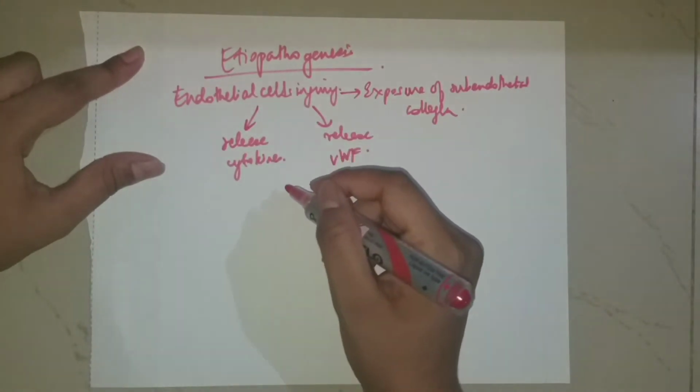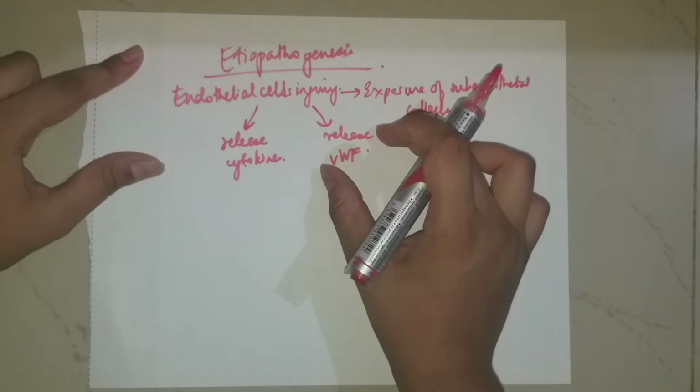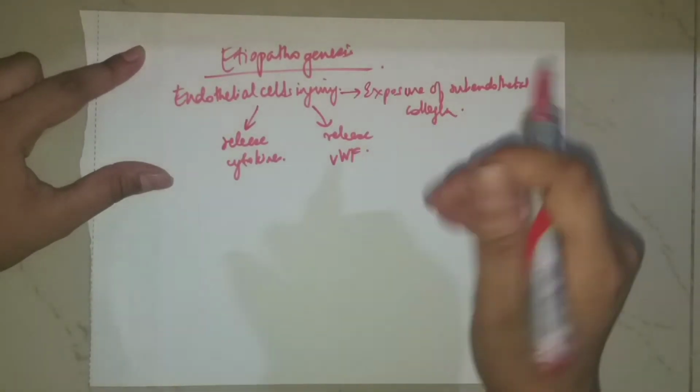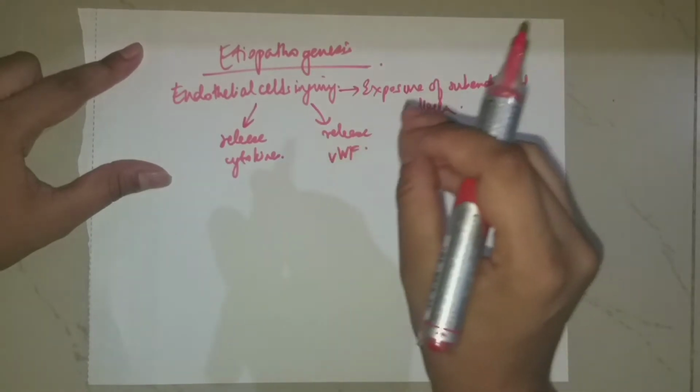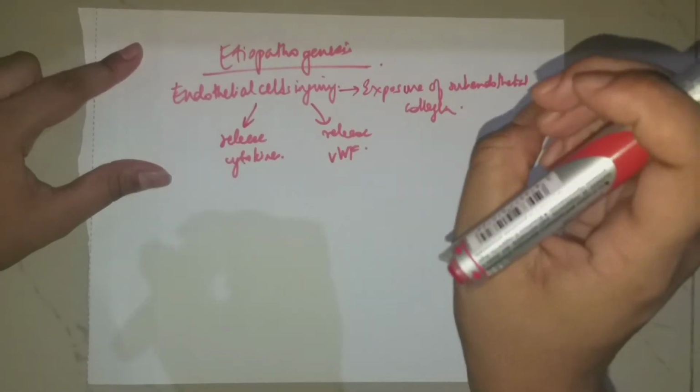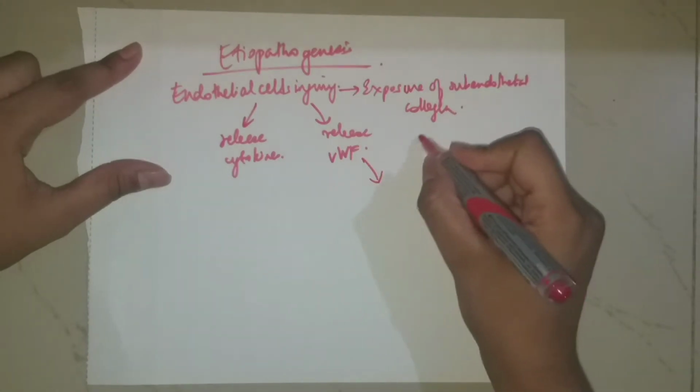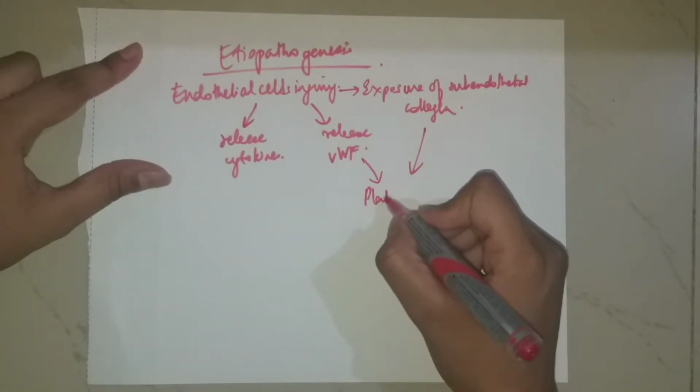Now, because of release of von Willebrand factor and exposure of subendothelial collagen, the platelets in the blood will come and attach to the exposed collagen and form a platelet plug.